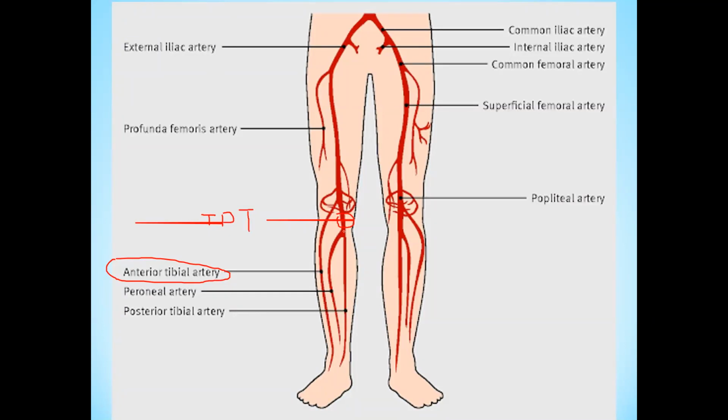Then the tibio-peroneal trunk bifurcates into the peroneal artery and posterior tibial artery.